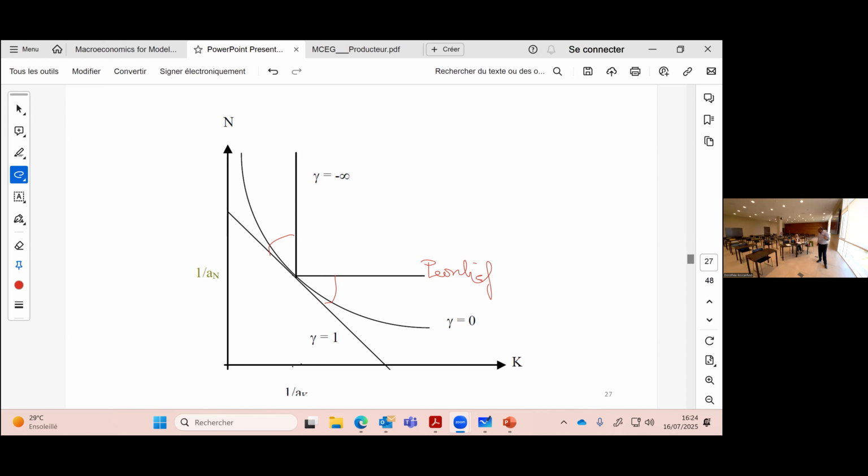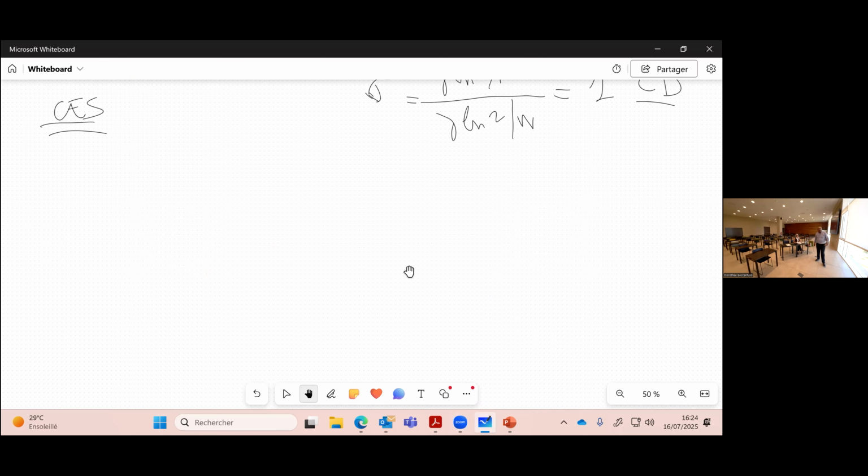We are going to look now at the utility function and to look at why and what we are doing. When we want to model the utility function, it's very interesting in the CGE model, particularly when we are looking at the impact of a policy on a household, on the household side.